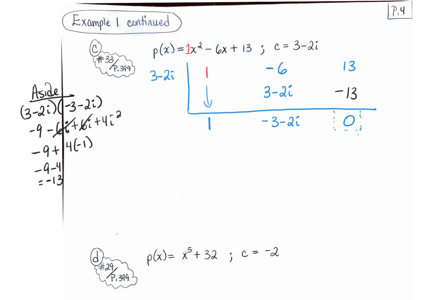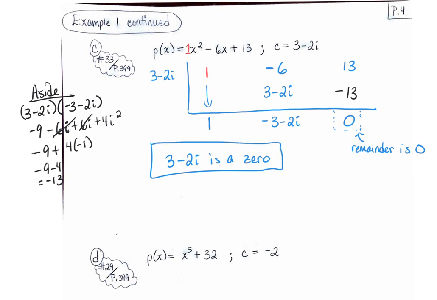So this means 3 minus 2i is a 0, which means, because I'm also showing you how to use that to factor, that P of x equals x minus the quantity 3 minus 2i is a factor.